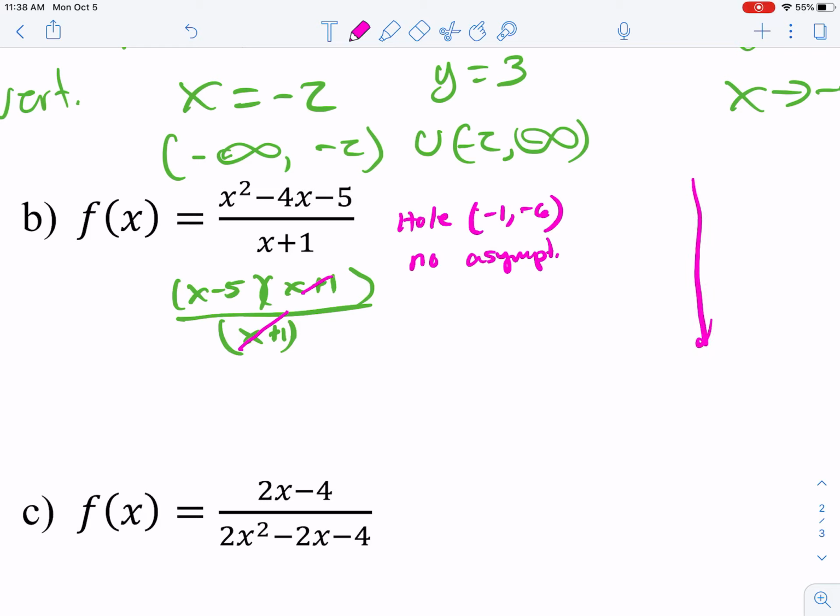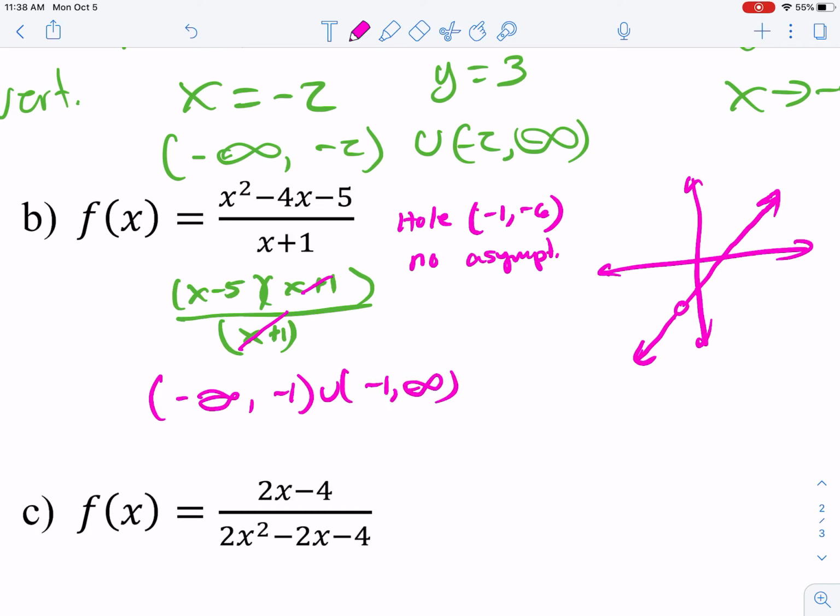So I'm going to graph it. My line is x minus 5 with a slope of 1, and the hole at (-1, -6). Your domain is negative infinity to negative 1, negative 1 to infinity. End behavior, x goes to infinity, y goes to infinity, x goes to negative infinity, y goes to negative infinity.